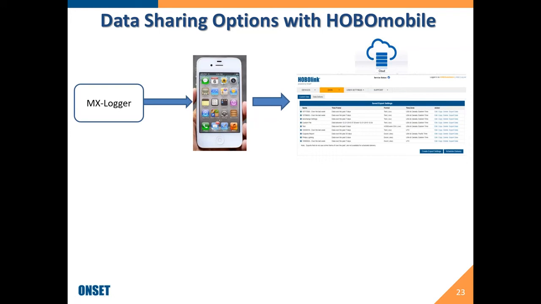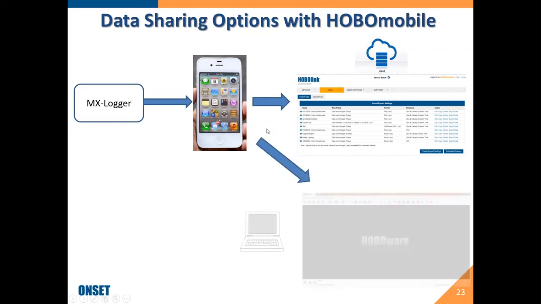You can set it up so that when you collect the data from the MX logger, the next time your phone is within a Wi-Fi supported area, it will upload the data to our cloud and store the information there, and you can download that data later to analyze it and keep it. But it will store it up there for you on the HOBOlink application.